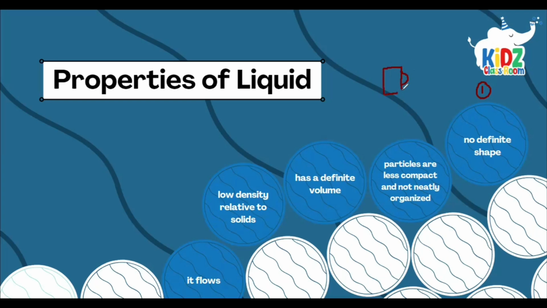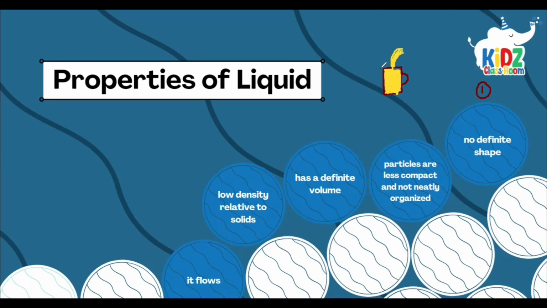Let's say this is a cup and you pour some juice or water into it. Once you have poured it into the jug, the mug or whatever the container is, it will take the shape of the container.